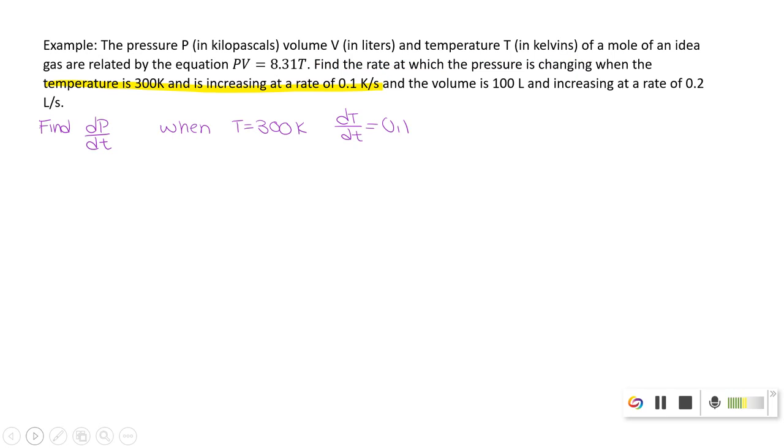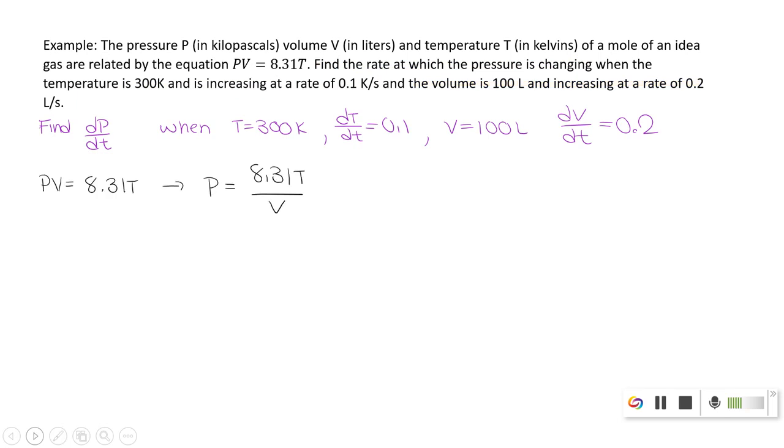We're interested in this when temperature is 300 and temperature is increasing at a rate of 0.1, so dT/dt is 0.1. And volume V is 100, and volume is increasing at a rate of 0.2, so dV/dt is 0.2. So I've taken all of the information in this problem and written it out in symbolic form. Again, our goal is to find dP/dt. How is pressure changing?